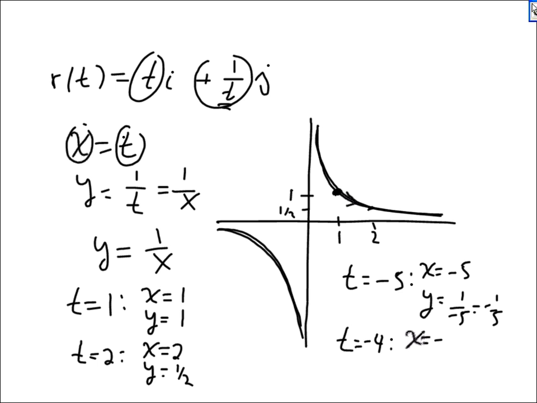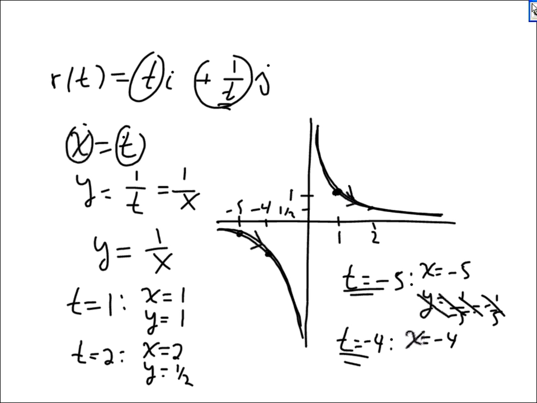Well, x is negative 4. That's enough. Actually, it doesn't matter what y is. X got bigger. Here was where, say, for argument's sake, x is negative 5, and t got bigger. t went from negative 5 to negative 4, and it went that way.